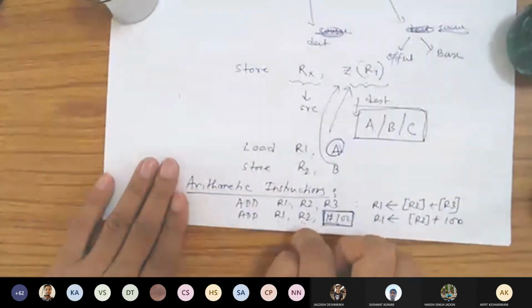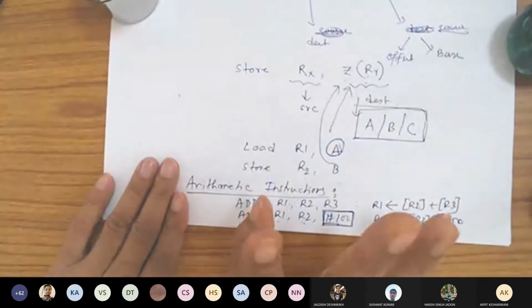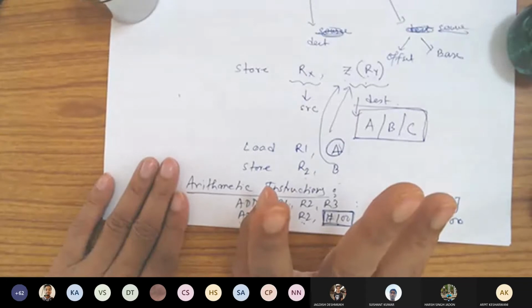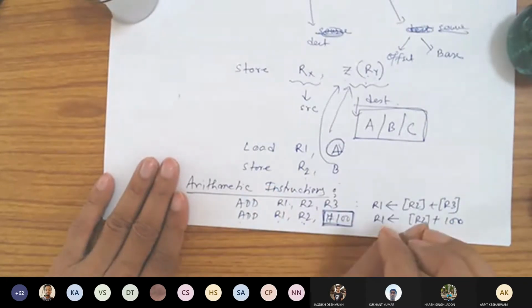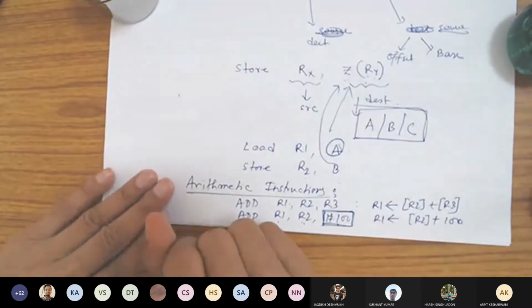Now with these three instructions, we can actually perform the operations.